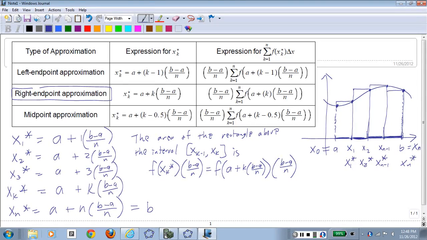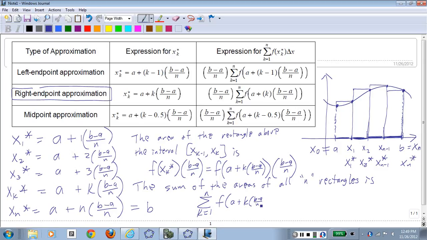So we've got to evaluate the function there. Now, the sum of the areas of all n rectangles is this: sigma K equals 1 to n f of A plus K times B minus A over N times B minus A over N, period.